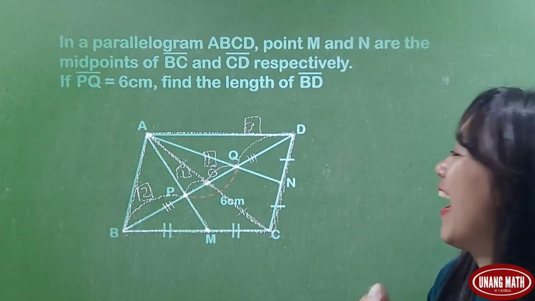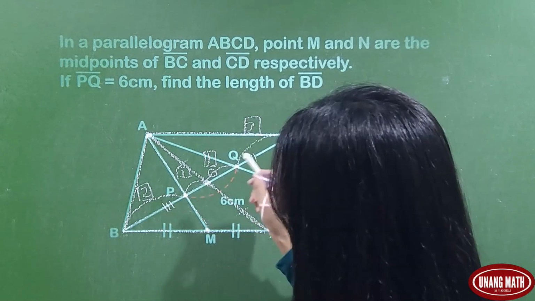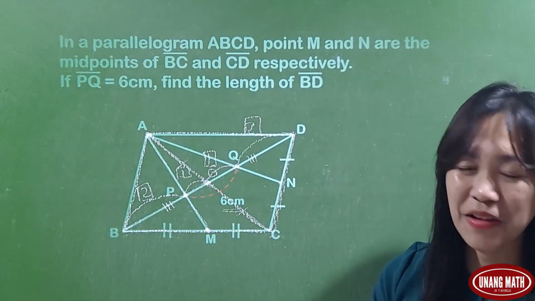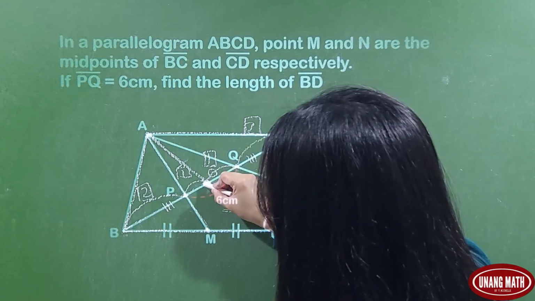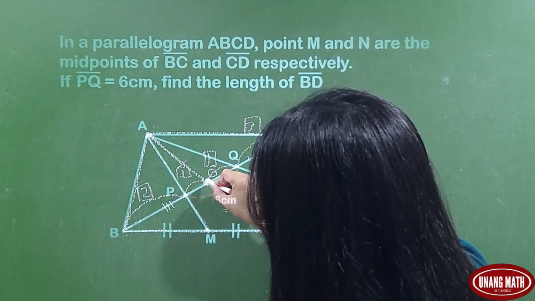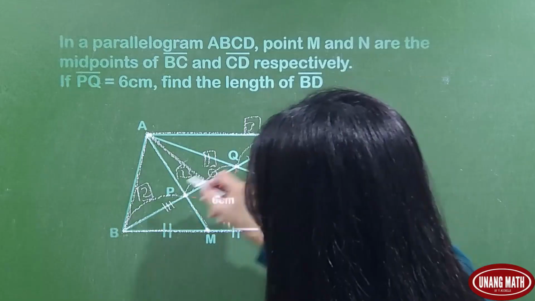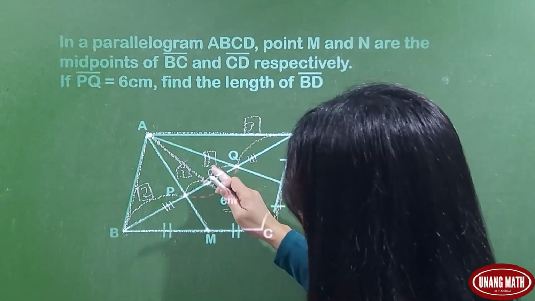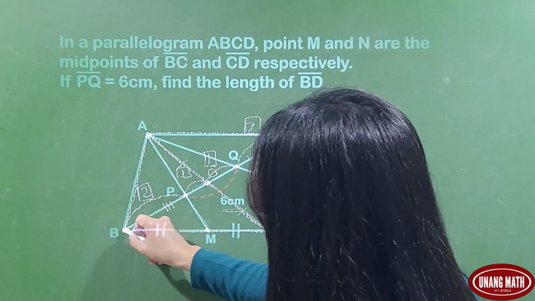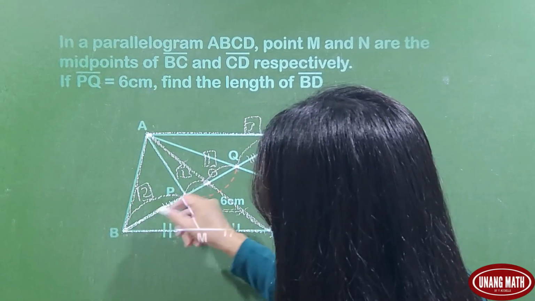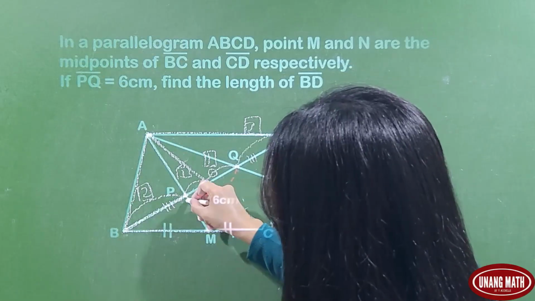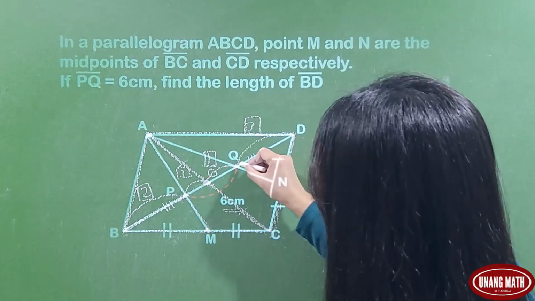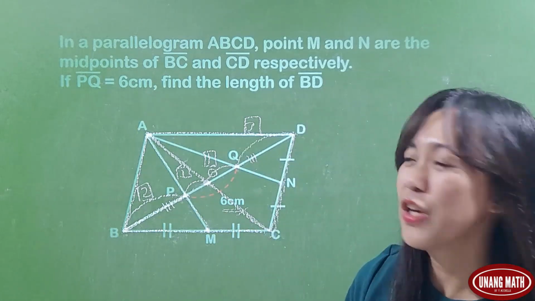Okay, we already know that segment PQ is 6 centimeters. And this point O divides segment BD into 2 equal parts. Then it means that segment BP is the same length as segment PQ and also the same length as segment DQ.